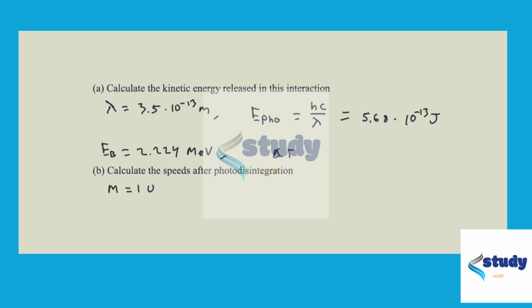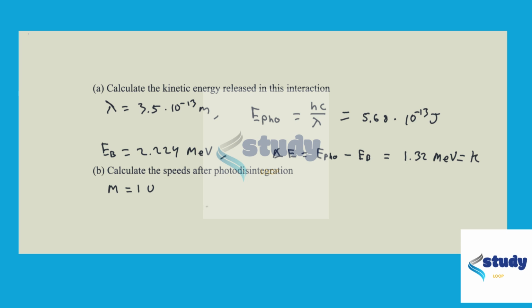So delta E is simply E photon, the energy of the photon, minus E B, the binding energy of the deuteron. And this is a value of 1.32 mega electron volts. And this is the kinetic energy that is released.